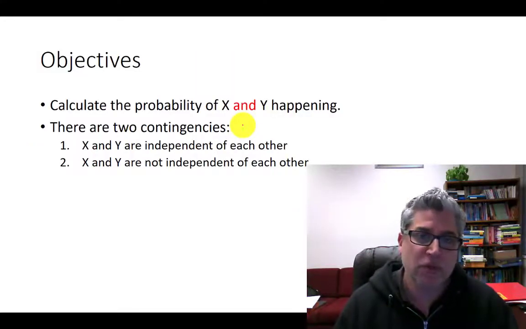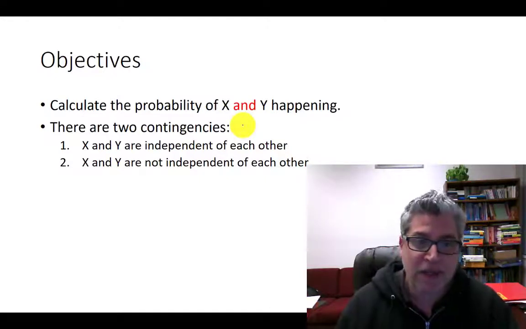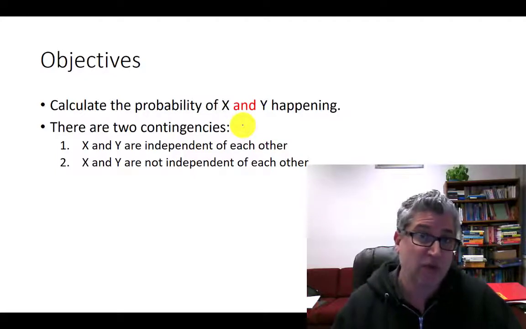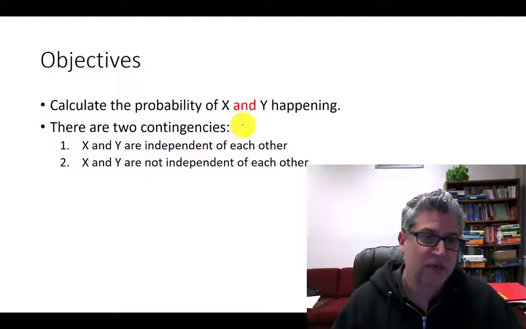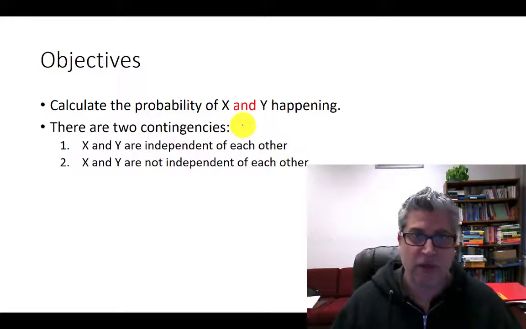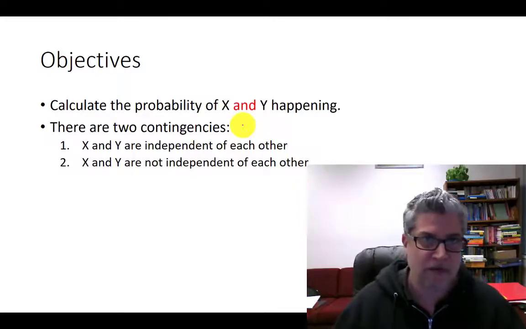Now, which two numbers you multiply, that maybe could get a little tricky, but not terribly. Probability of x and y happening at the same time or together really depends on whether those two things depend on each other or not. See, if x and y are independent of each other, like a coin flip and the roll of a dice, these are two independent events.